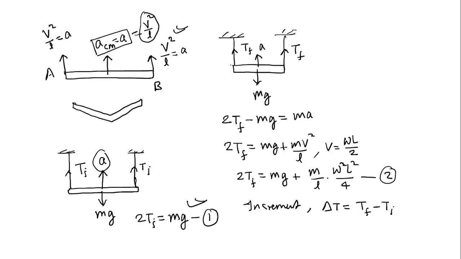So subtracting 1 from 2, you get Tf minus Ti is equal to what? Simply subtract it, you get m omega square L square upon 8 times L. This is the increment in the tension, delta T. So this is the answer we got.